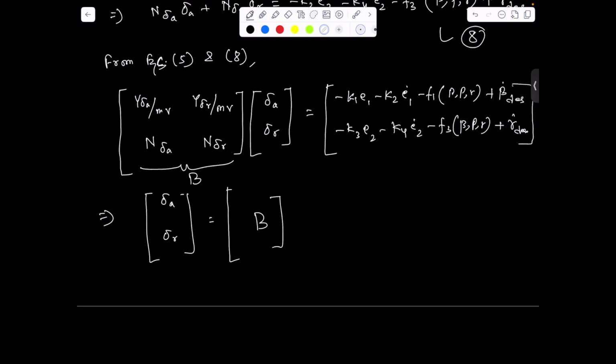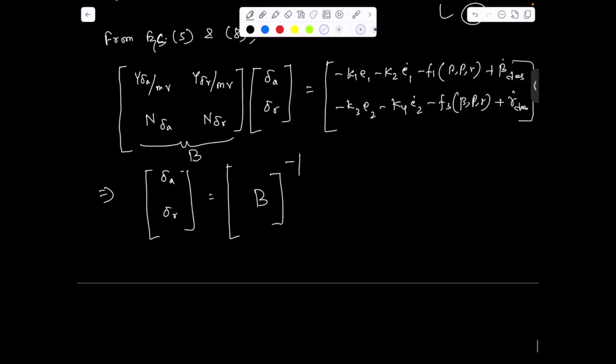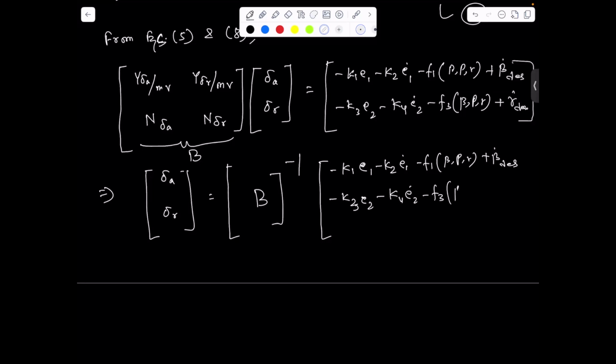So it will be B matrix inverse into minus K1 E1 minus K2 E1 dot minus F1 beta PR plus beta dot desired, minus K3 E2 minus K4 E2 dot minus F3 beta PR plus r dot desired.